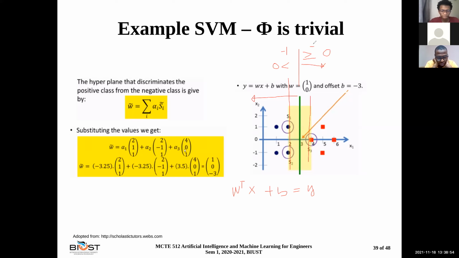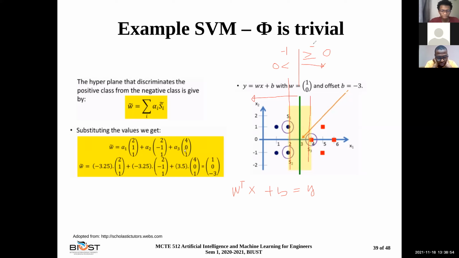Okay, there you go. So we look at these classifications. This is greater than or equal to 1 for these points. Here, if you look at the classification, this is less than or equal to -1. As you go here, it becomes a bigger negative number. As you go there, it becomes a bigger positive number. Any questions?